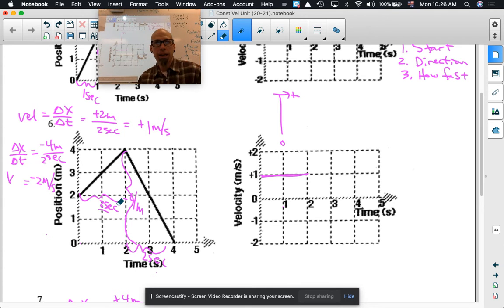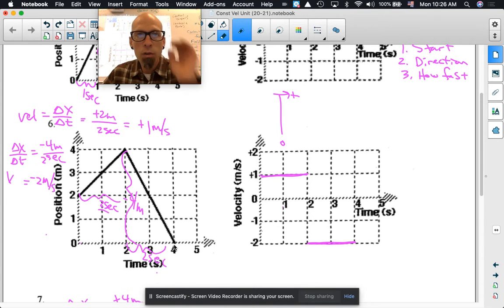Negative 2 meters per second. Where's that? That's down here. But when did it start? It started doing that at time 2 seconds to 4. From 2 to 4 seconds, it was at negative 2 meters per second. Hopefully you see that that's how that should look.